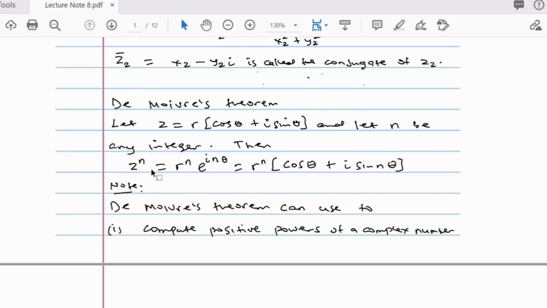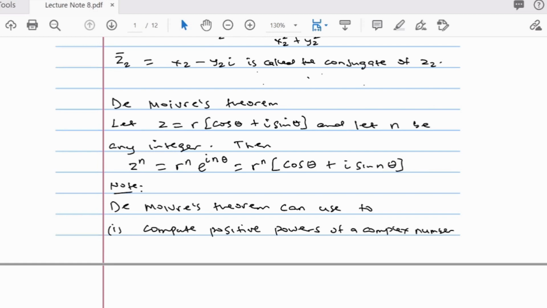To raise it to the power of a positive integer is to raise the modulus, r, to the power of n, and we multiply the angle i theta by n. So z to the power n is just r to the n times cos n theta plus i sin n theta.